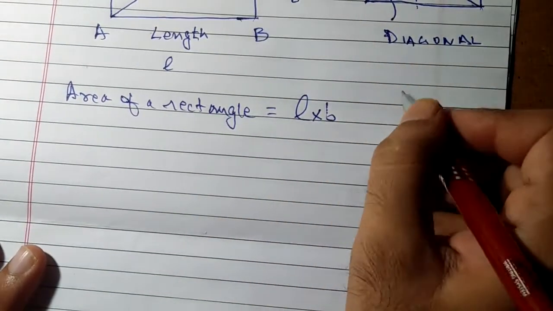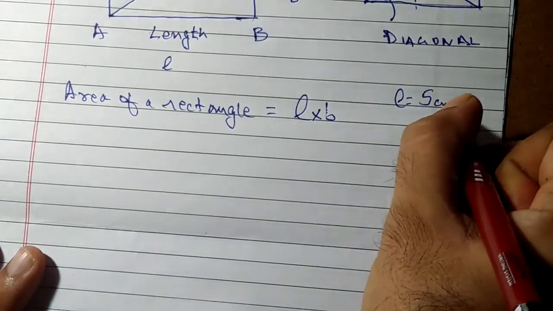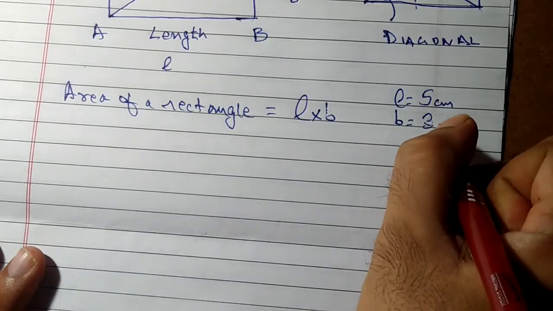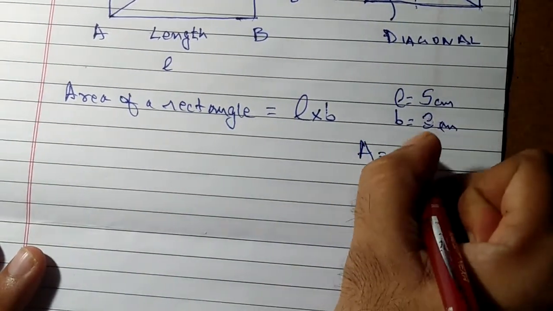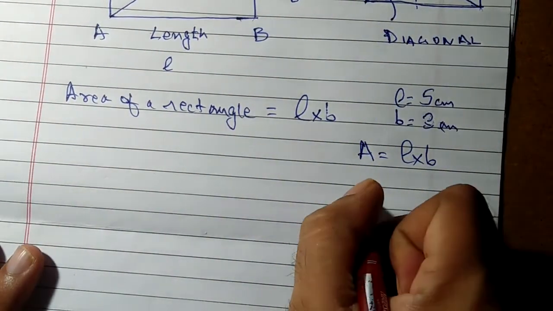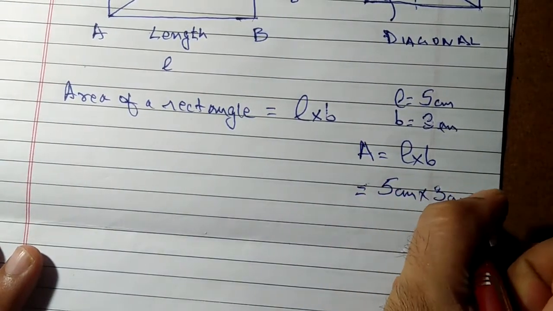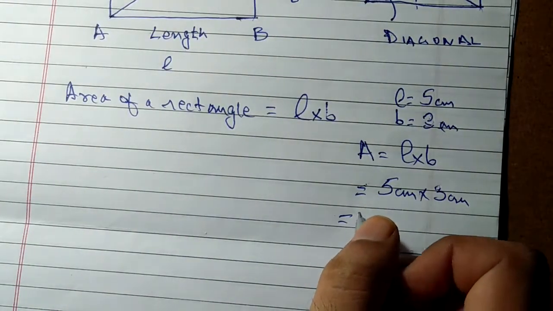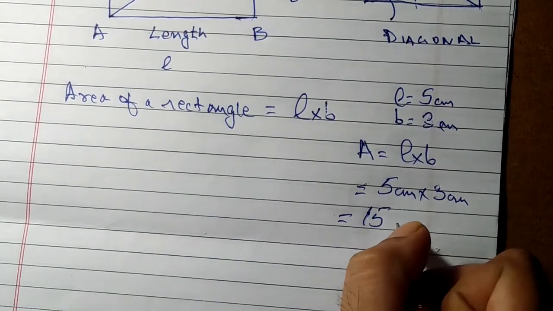Let's take an example. Length of a rectangle is 5 centimeter and breadth is equal to 3 centimeter. So what is the area? Area is equal to length into breadth, which is 5 centimeter into 3 centimeter, equal to 15.